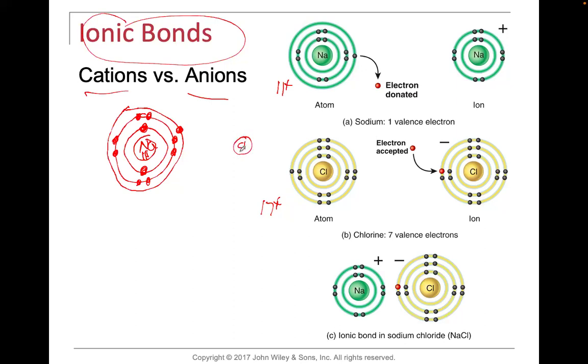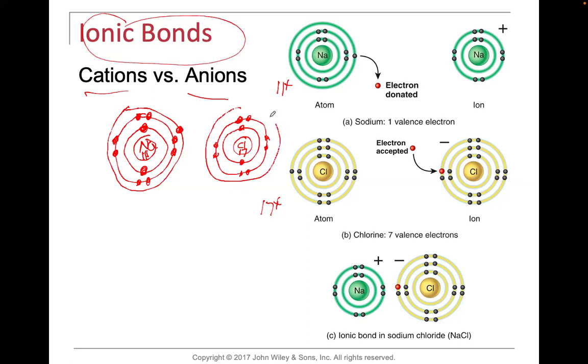Chlorine has 17. So let's put Cl here. We'll put the number 17, because that's what we're trying to get to, the 17 protons, the 17 electrons. How many can fit in the first shell? 2. How many can fit in the second? 8. So let's put 8 in: 1, 2, 3, 4, 5, 6, 7, 8. 8 plus 2 is 10. We need 17, so I got to add another one.